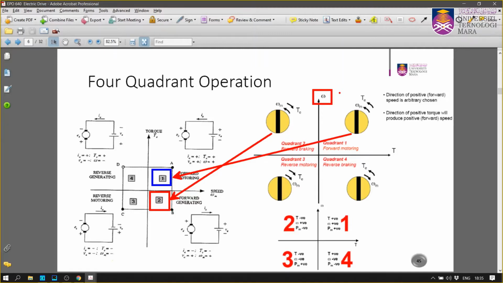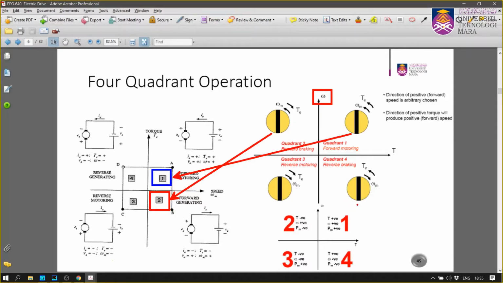So the speed only follows the counterclockwise direction. Okay. So here we have a negative speed, and that is for quadrant 3 and quadrant 4.